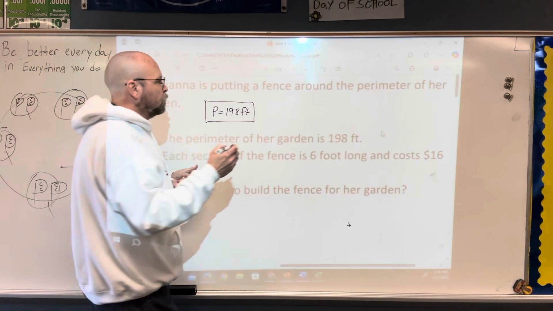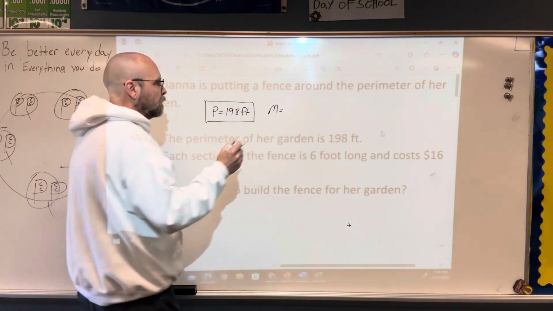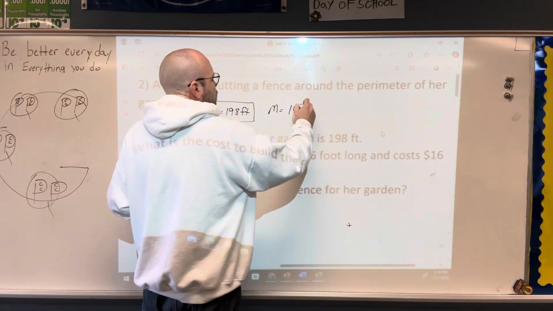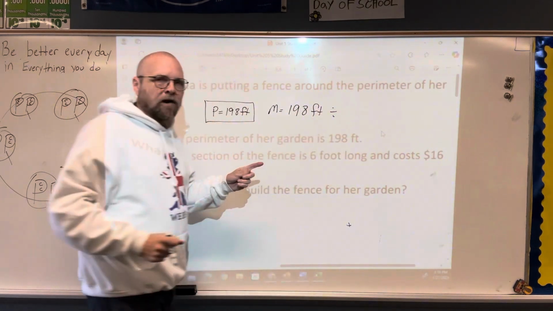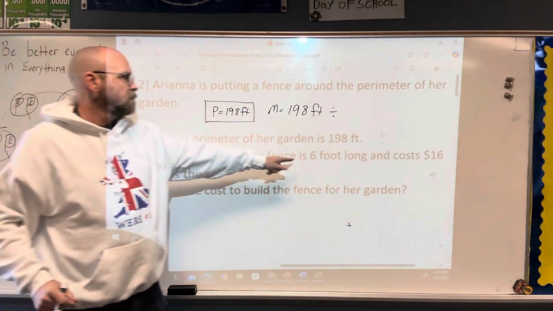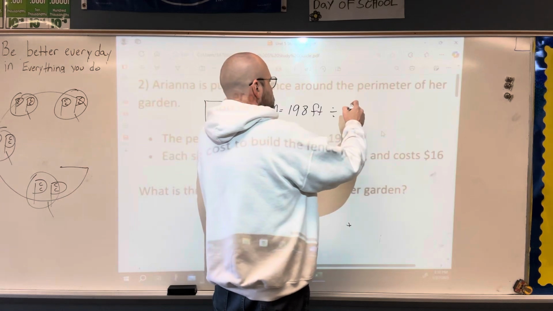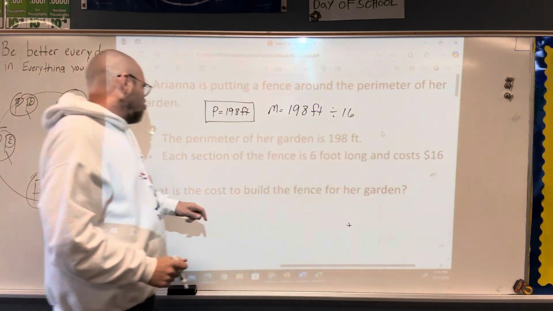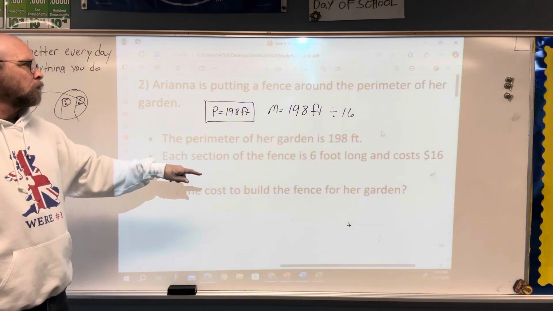But the way we would do it, we want to find the money it's going to cost. We have 198 feet, but then we have to divide that into 6 foot sections, because each 6 foot section costs $16. And that would tell us the cost of how to pay for her garden.